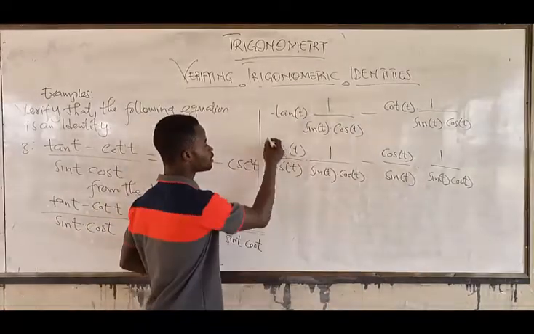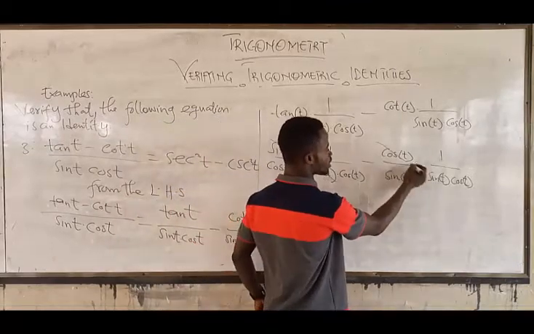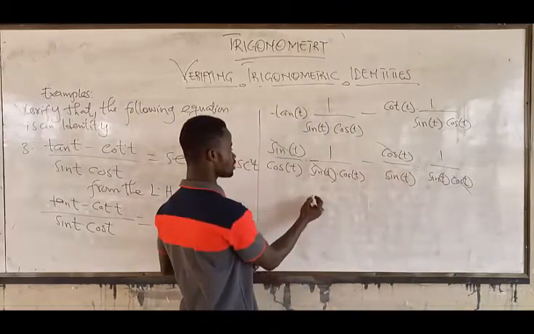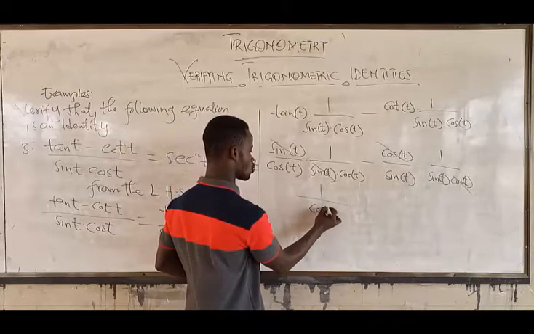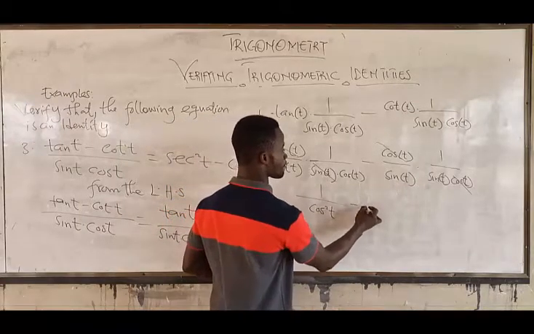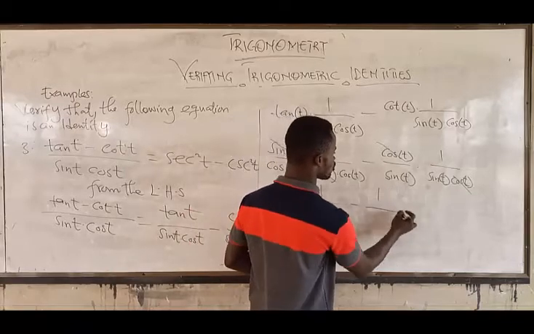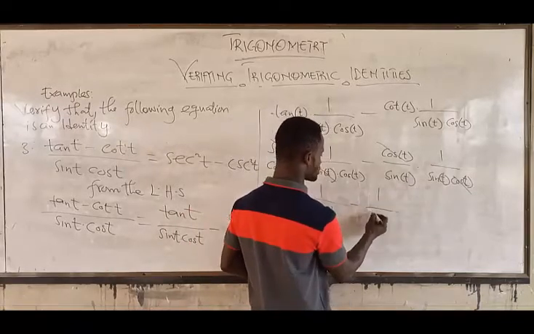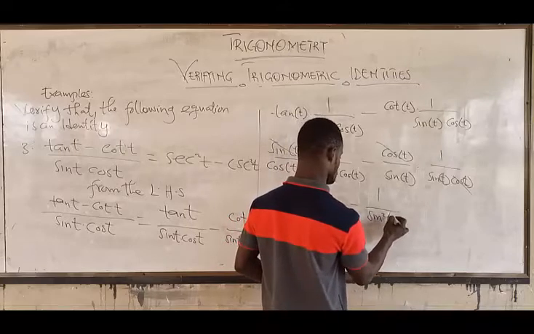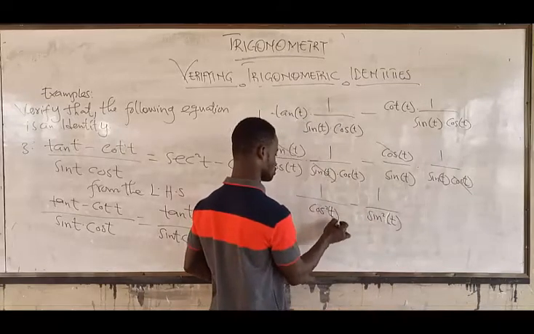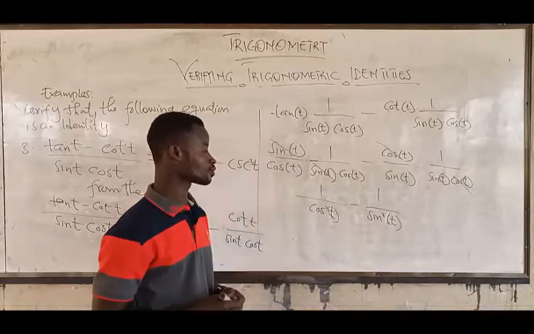So now this clears this, and this clears this. So we get 1 over cos t times cos t, we get cos square t, minus 1 over sin t multiplying sin t, you get sin square t.